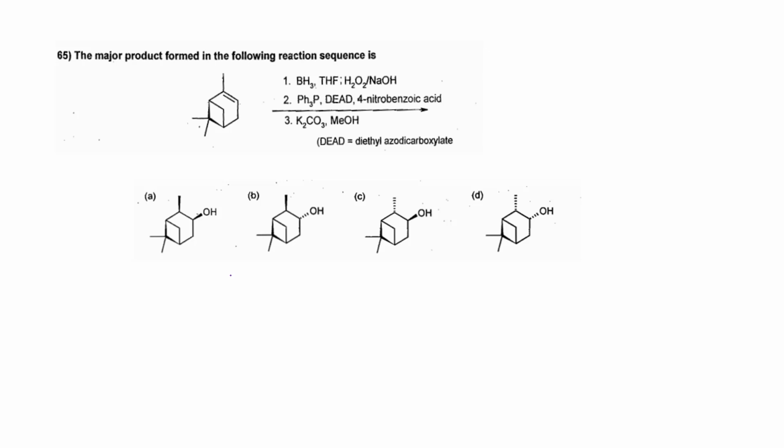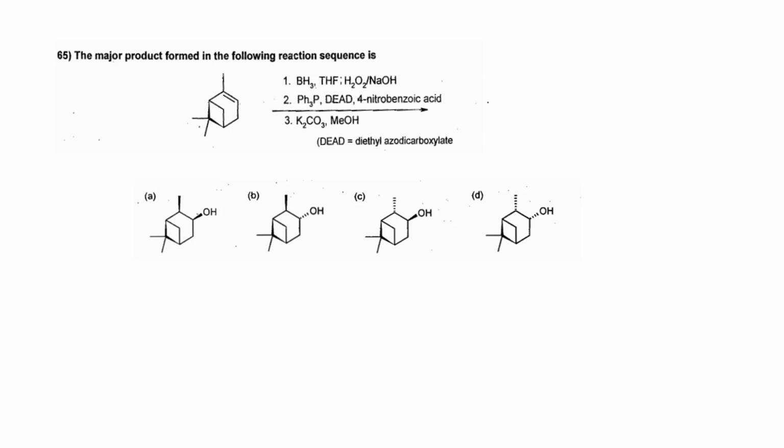So next question, the major product formed in the following reaction sequence. What will be the major product formed in the following reaction sequence? So first there will be hydroboration followed by oxidation.